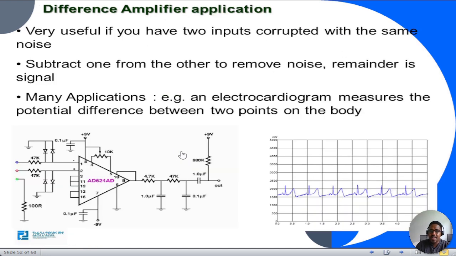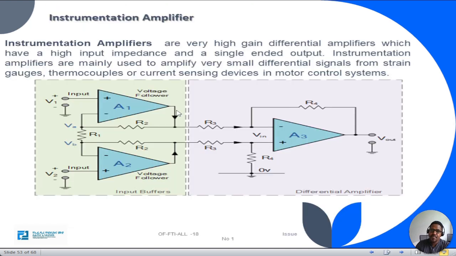The differential amplifier is very useful if you have two inputs corrupted with the same noise. Subtract one from the other to remove noise. The remainder is signal. So a main application example: an electrocardiogram measures the potential difference between two inputs. So this is one application of the differential amplifier.